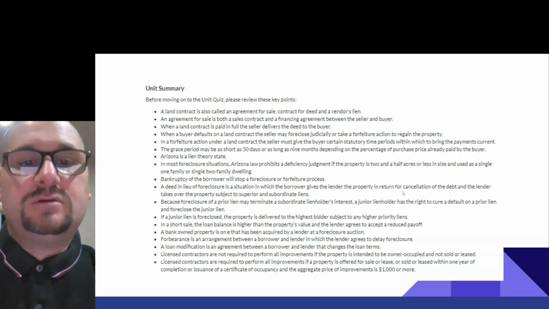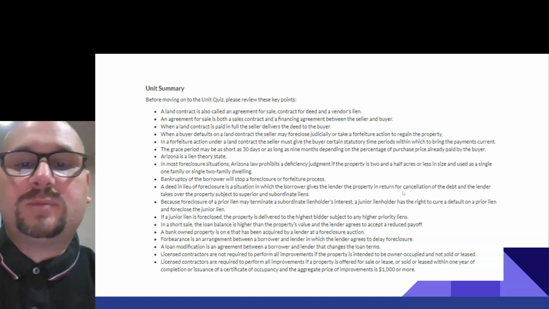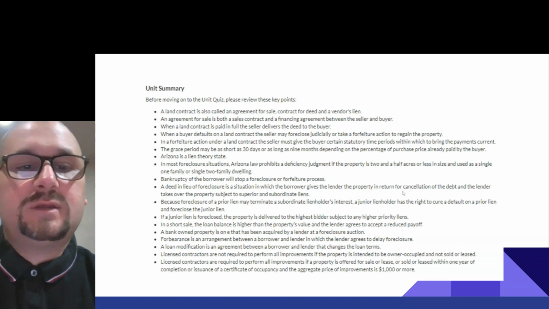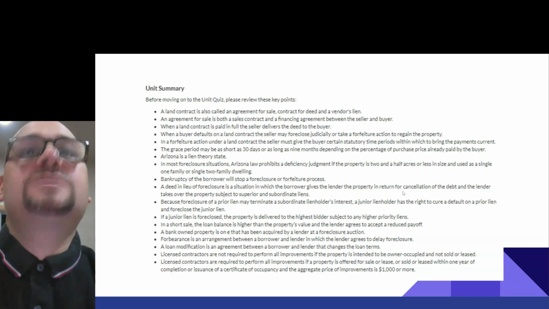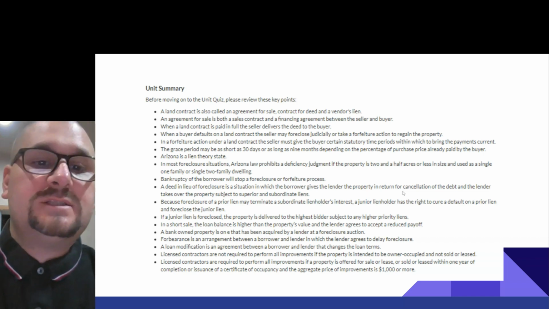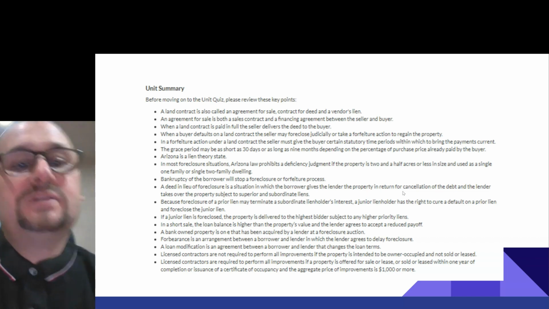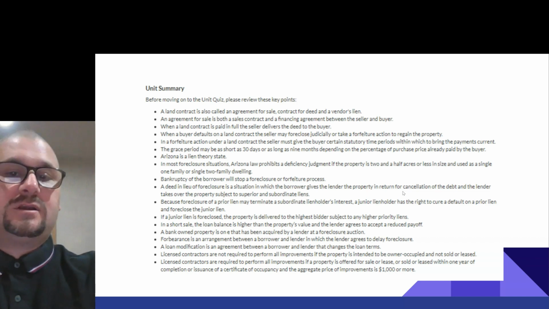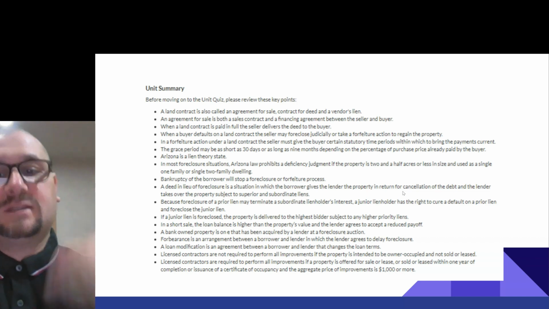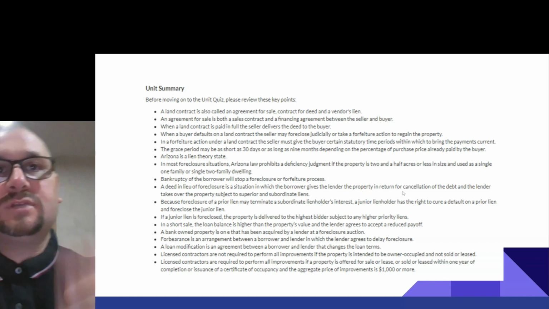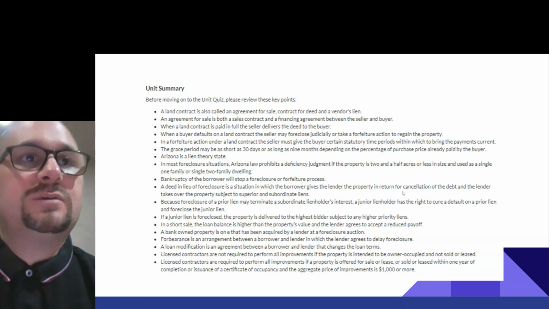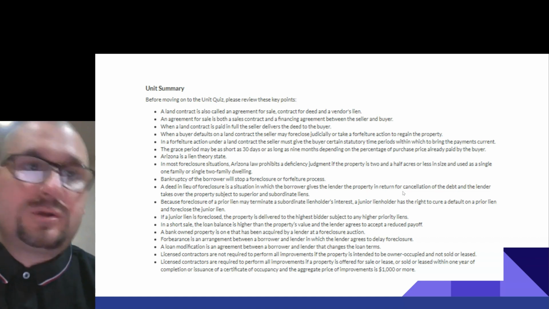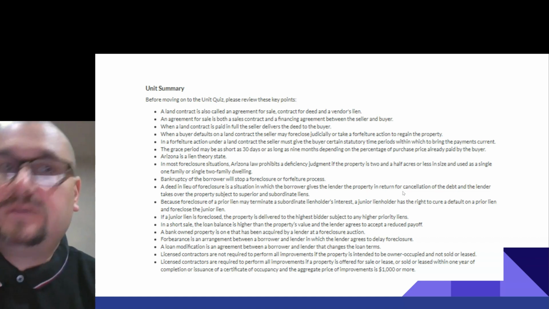In a short sale, the loan balance is higher than the property's value, and the lender agrees to accept a reduced payoff. You hear a lot of these terms. What's a short sale? It means they owe more money than the property is worth. Typically, say you owe the bank 200 grand, and the house is only worth 100 grand.